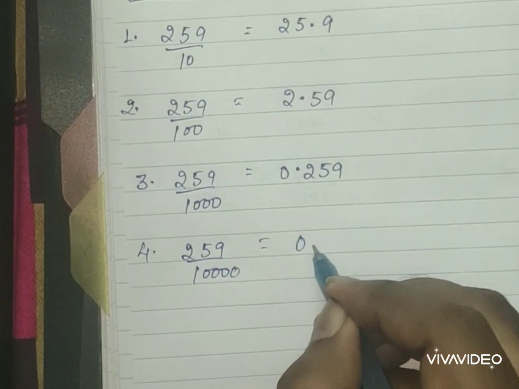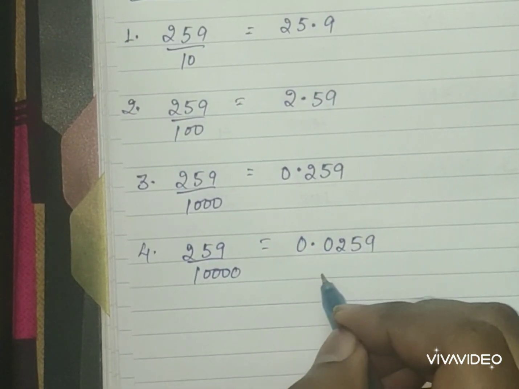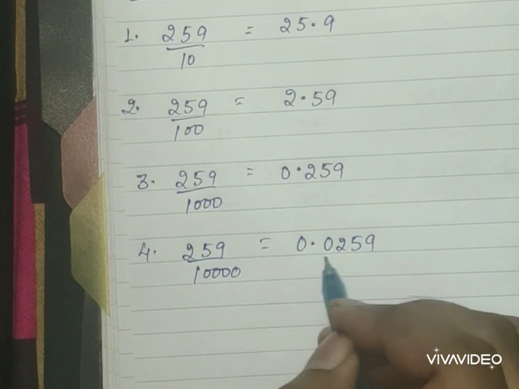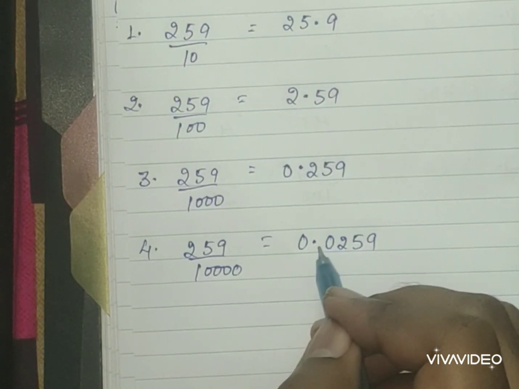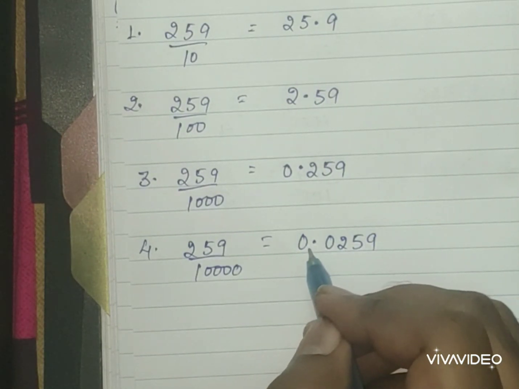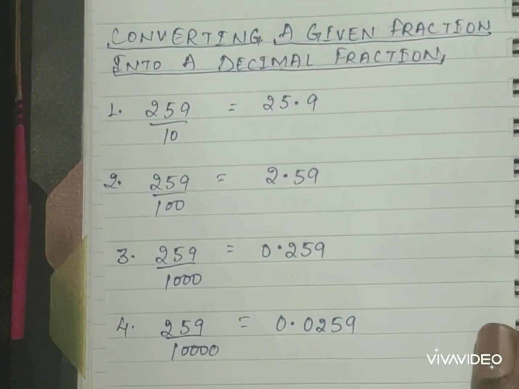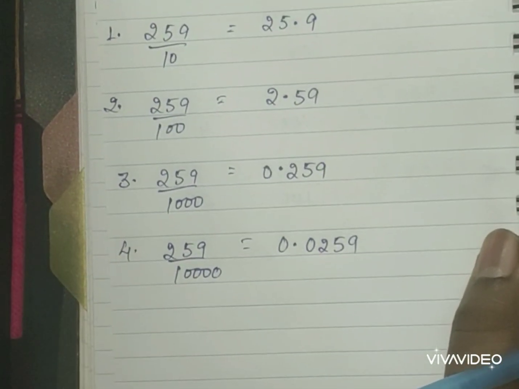So you will put first 0, then 0.259. Clear? There are 4 zeros, so there should be 4 digits in the numerator, after which the decimal will be placed. So I hope you have got how to convert a given fraction into a decimal.